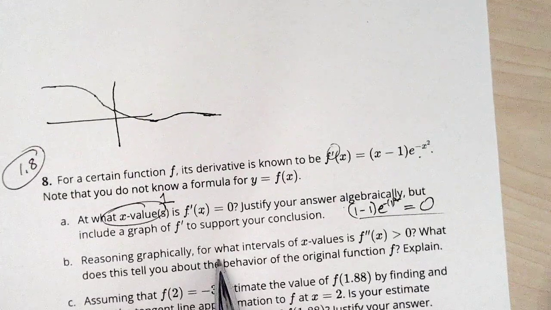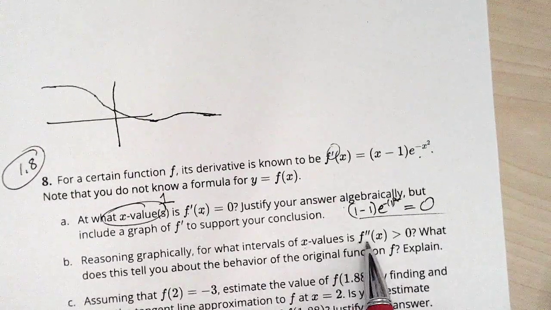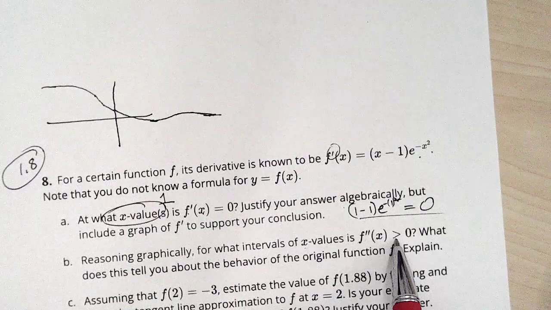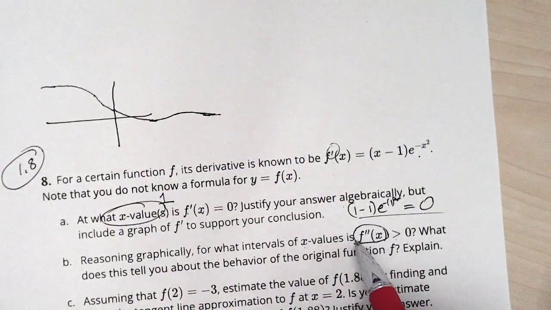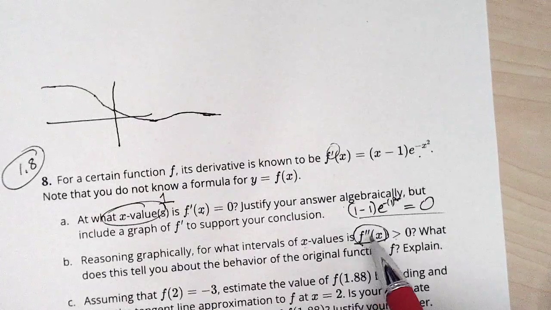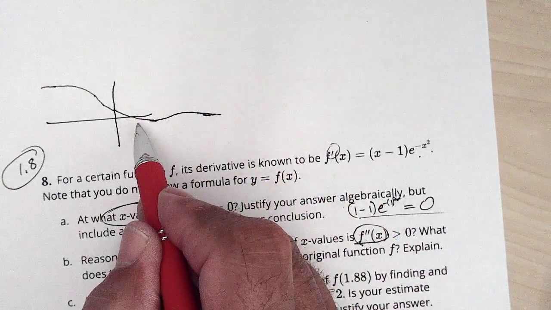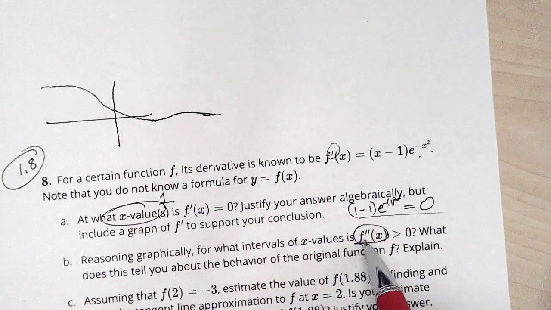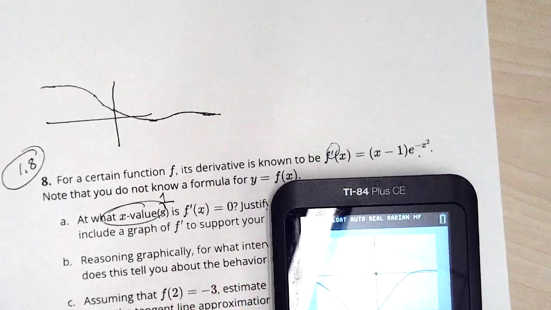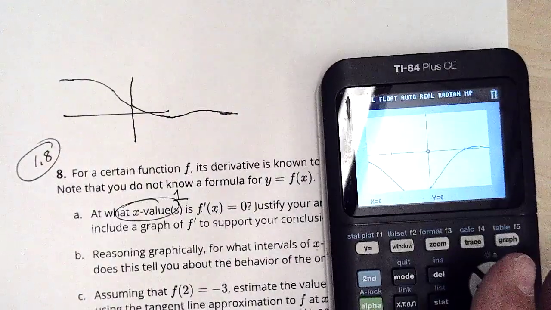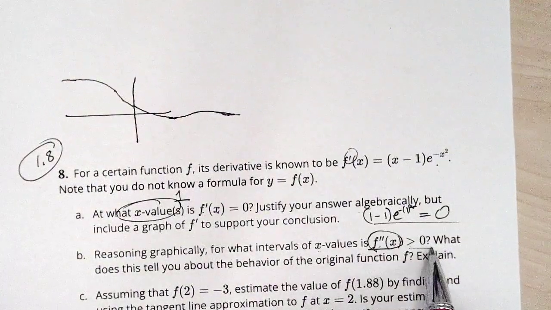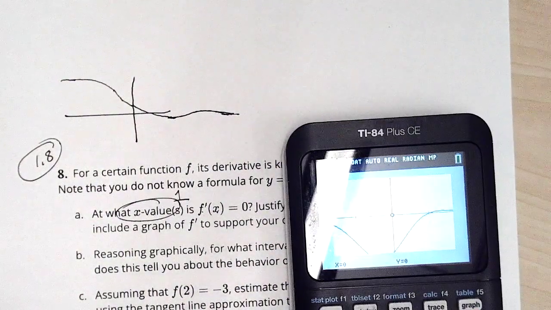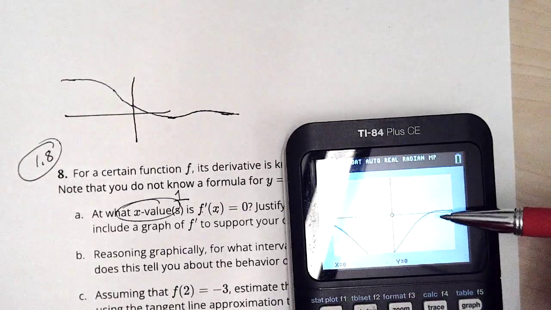Reason graphically for what intervals of x is the second derivative greater than 0? It's the slope of the slope. This is the curvature of this one, but it's the slope of that one. And so when is the slope of this positive? Well, the slope is not positive until we reach 1.